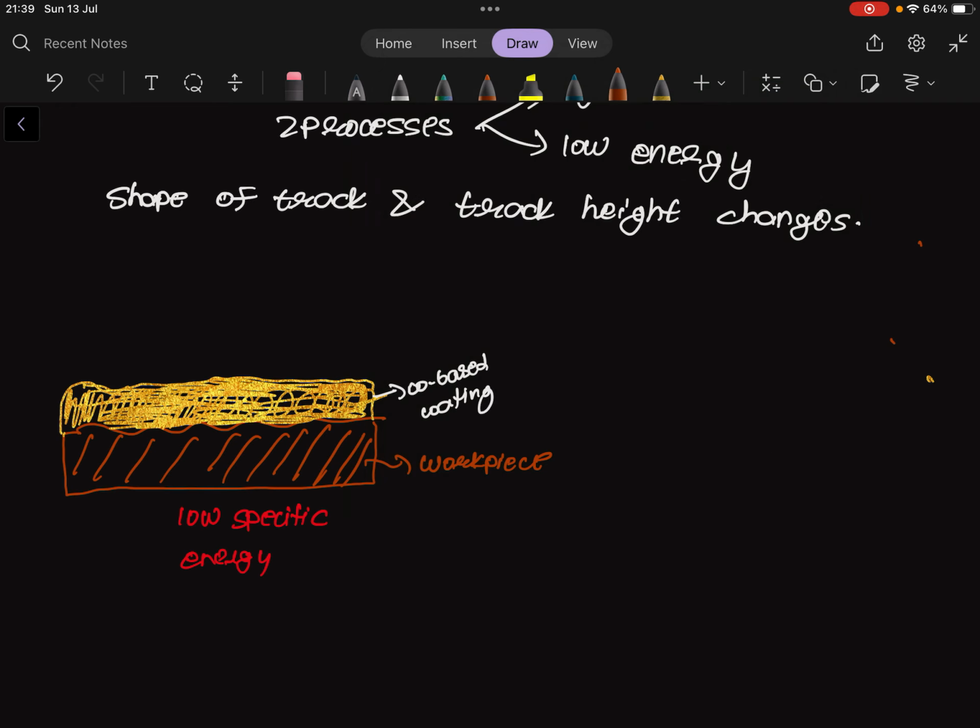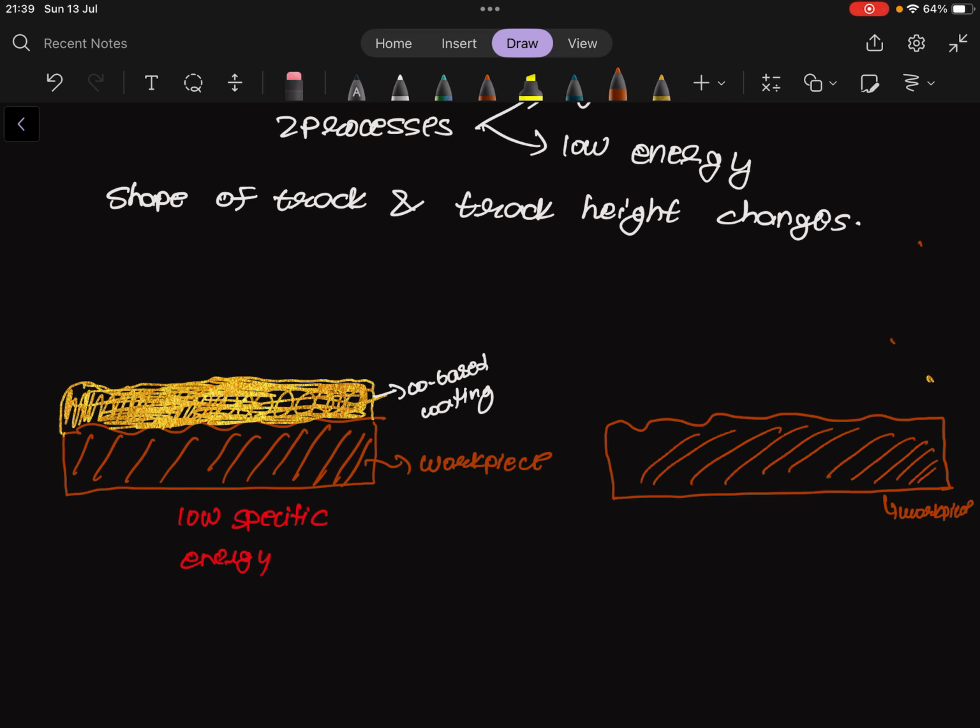Again, this is our workpiece, and we have coated it with our cobalt coating, but at high specific energy.